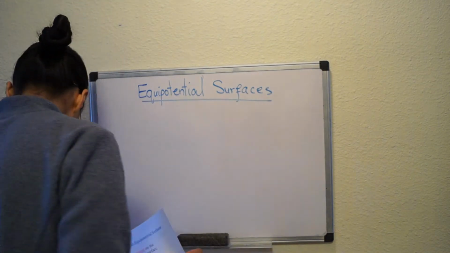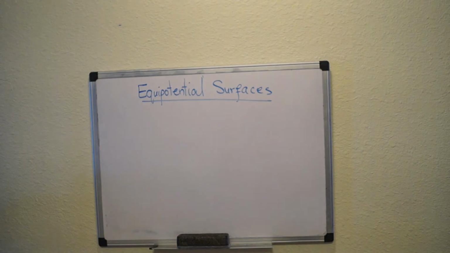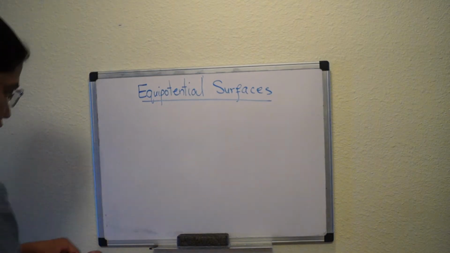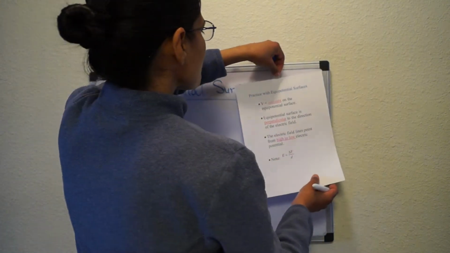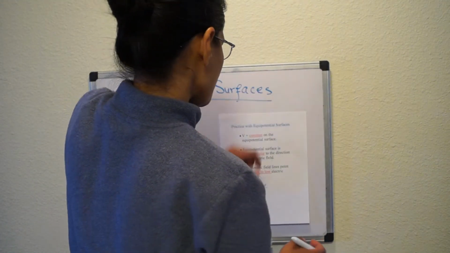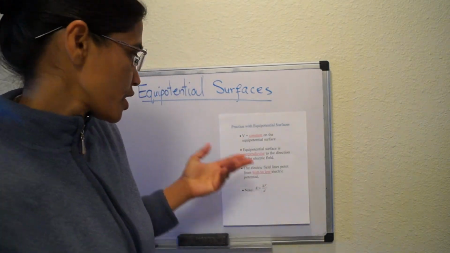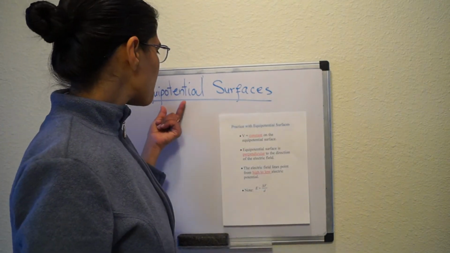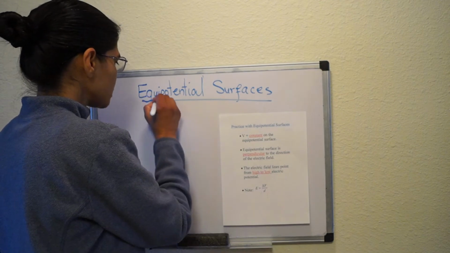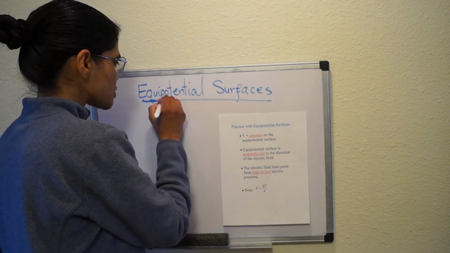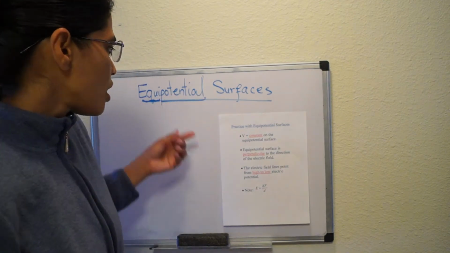Remember, there are some properties of these surfaces, okay? And then we did some practice with the equipotential surfaces, right? So equipotential meaning equal potential. Here is the term.